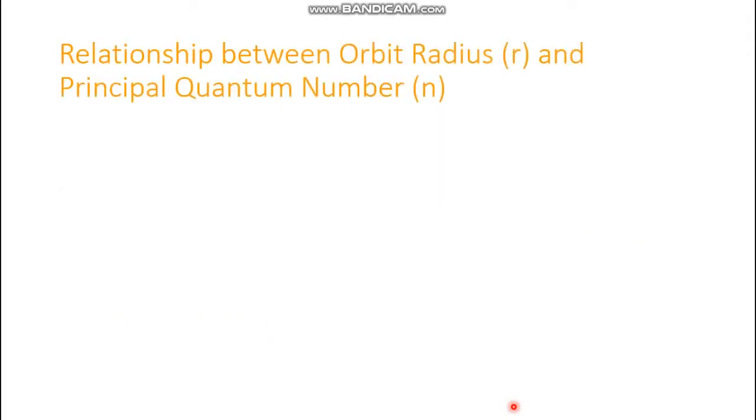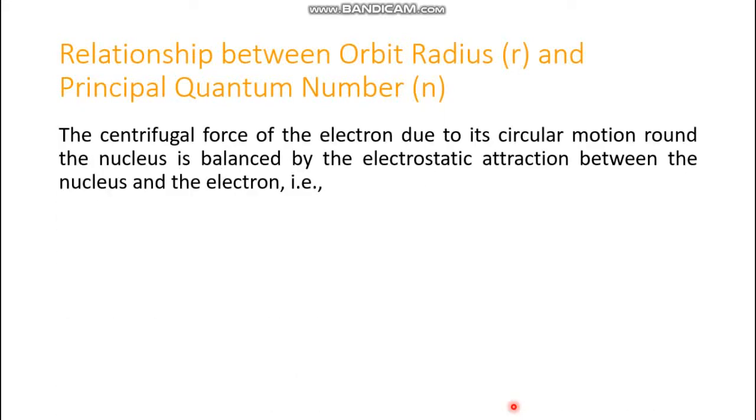Now, the relationship between orbit radius and the principal quantum number n. Here we have to equate the centrifugal force with the electrostatic attraction. The centrifugal force of the electron due to its circular motion around the nucleus is balanced by the electrostatic attraction between the nucleus and the electron.